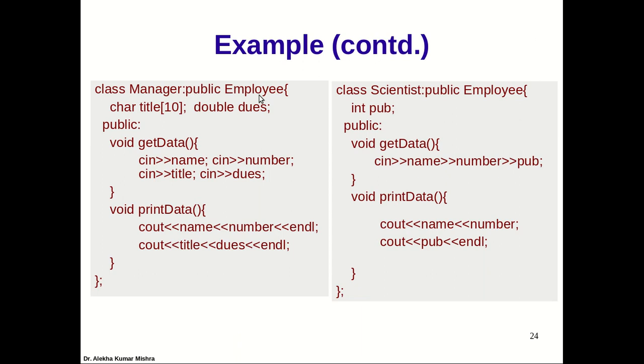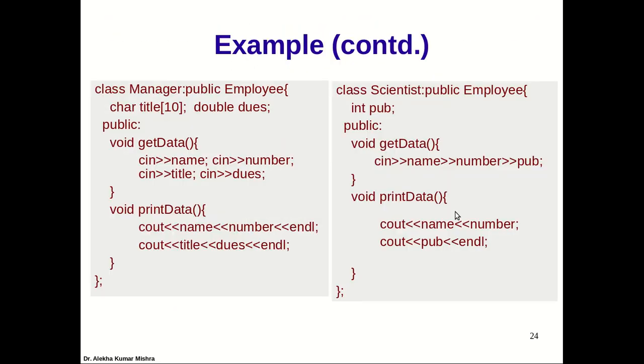Class manager, public employee, title, double dues, public, get data, print data. Now we have get and print. Now we modified the name to get print data. Similarly, scientist publicly inherits the employee, then publication, get data, print data. So what happens here? What difference did we find from the previous example?